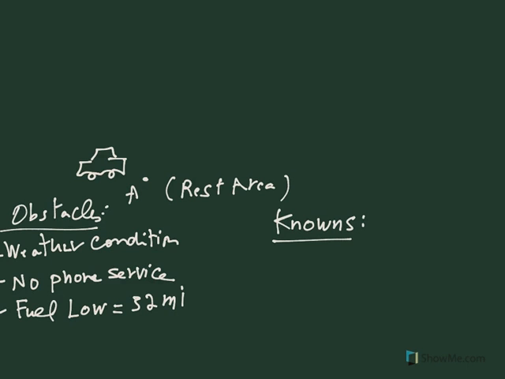The first known would be a sign stating that the nearest gas station is 35 miles away. And another sign stating that there are 2 roads to reach this gas station.